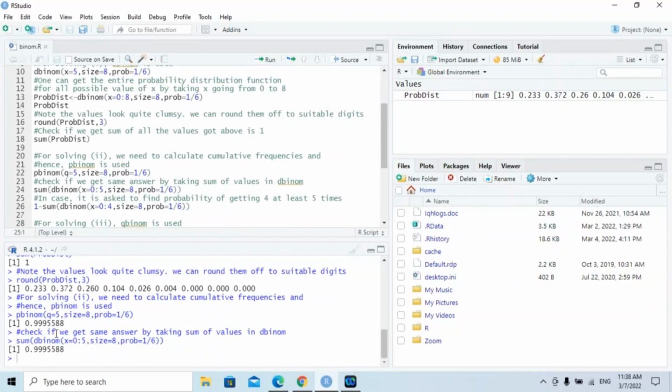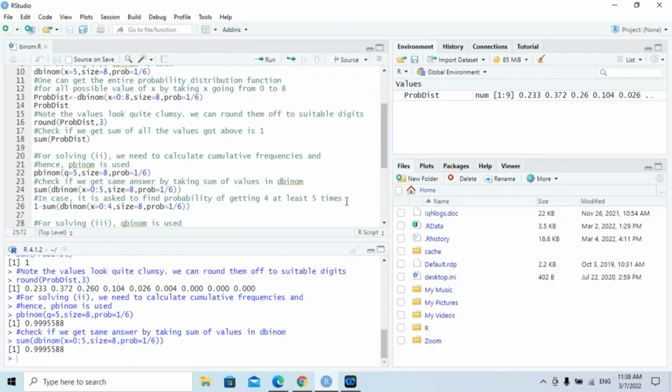So in case, if in the example it were asked to find a probability of getting at least 5 successes, then what we should have done was subtract 1 minus probability that x takes value smaller than 5. So here my x goes from 0 to 4. So here actually 1 minus p binom function can also be used.